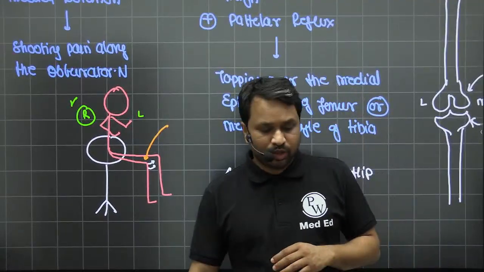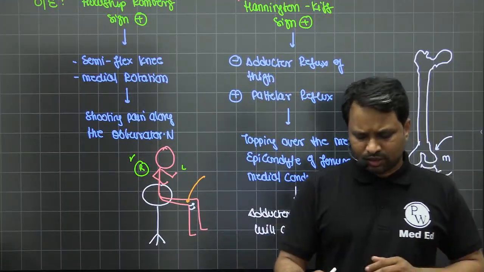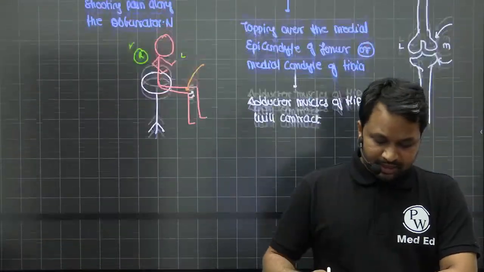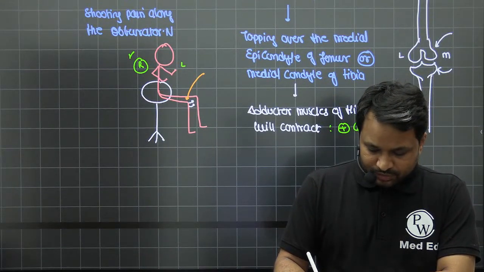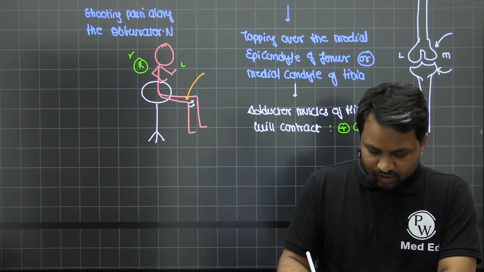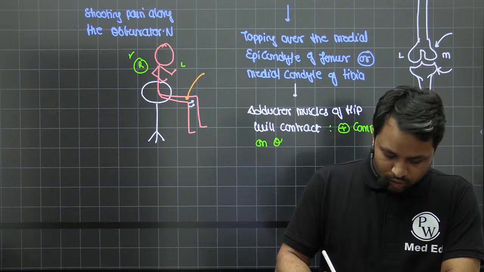And this is what we call a positive Hannington-Kiff sign. Basically, it is telling you there is compression of the obturator nerve.